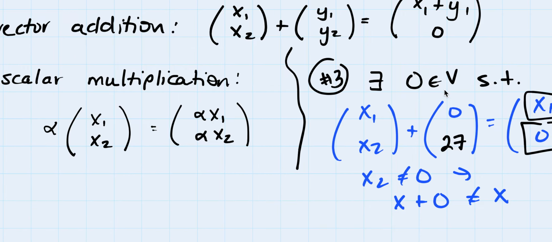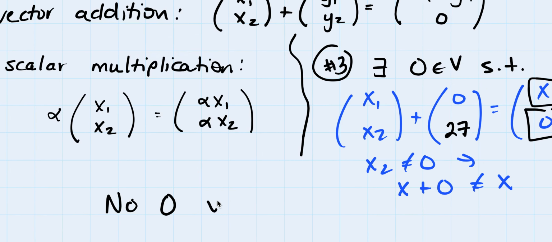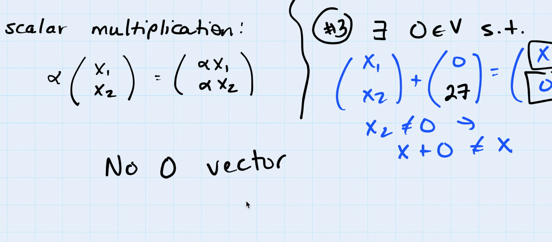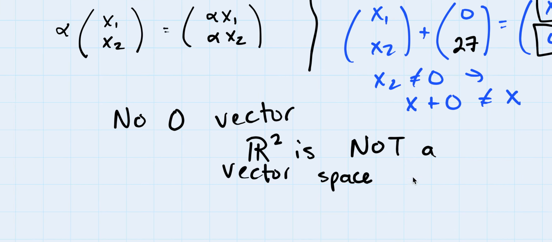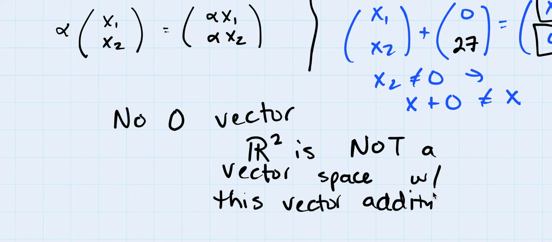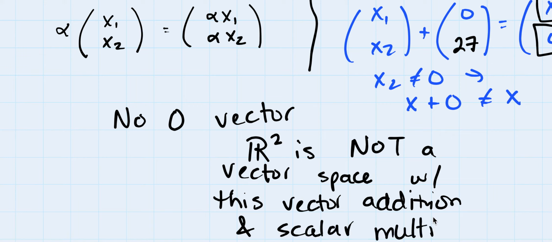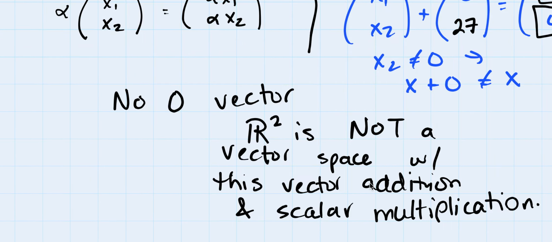So there's no 0 vector, which tells you that R2 is not a vector space with this vector addition and scalar multiplication. We know it is a vector space with the normal vector addition and scalar multiplication. But when we change the way we add vectors, at least in this particular way, it's not a vector space.